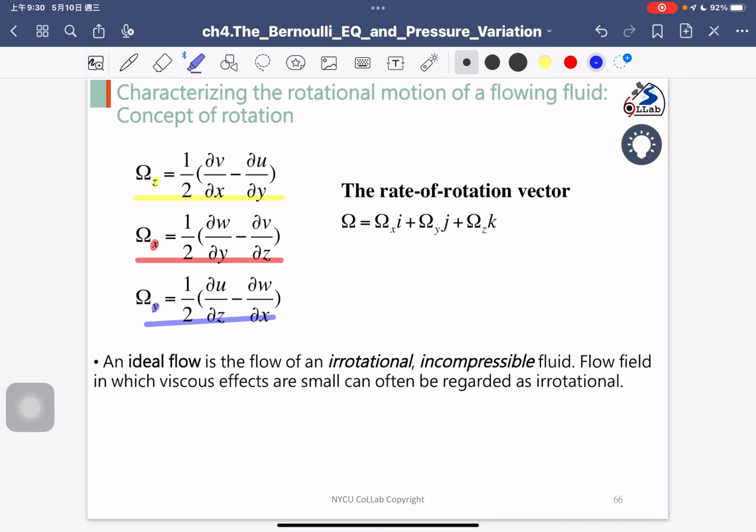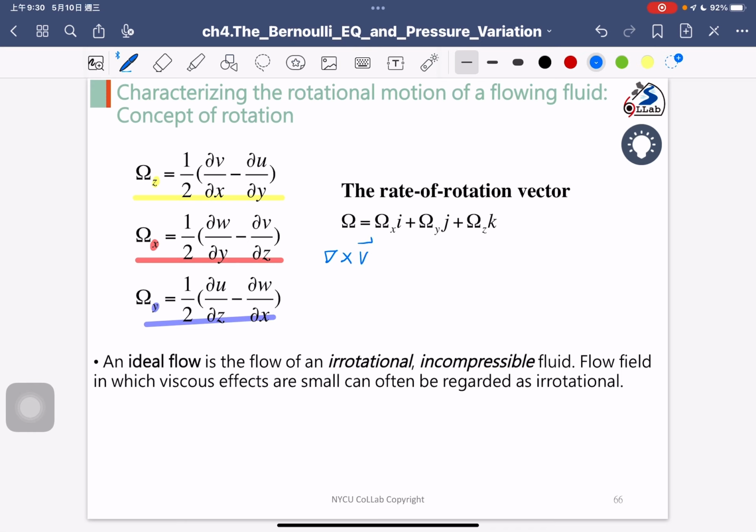So actually, it's very difficult to remember. So I want to tell you that finally, if we want to define the rotation rate, it equals the spatial gradient operator cross product with the velocity field.